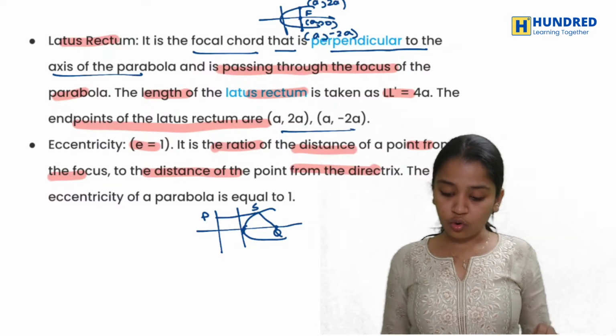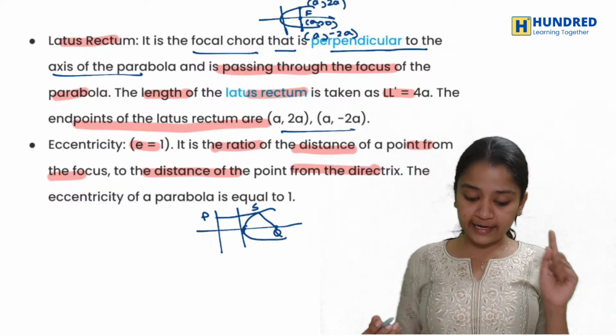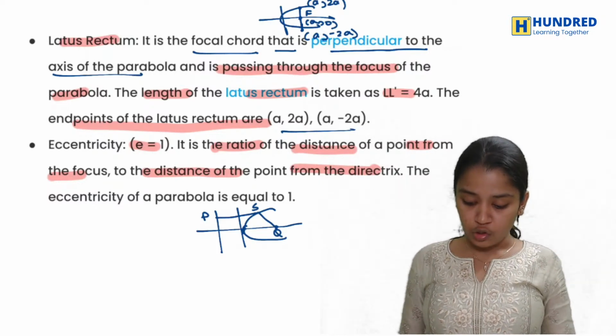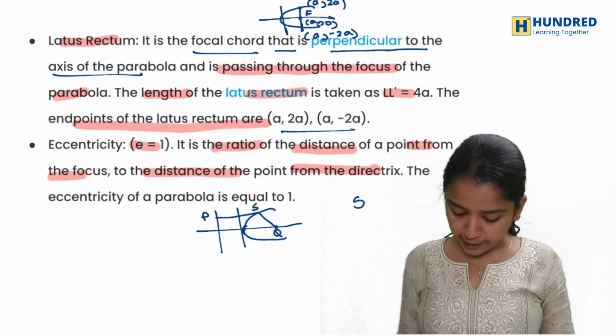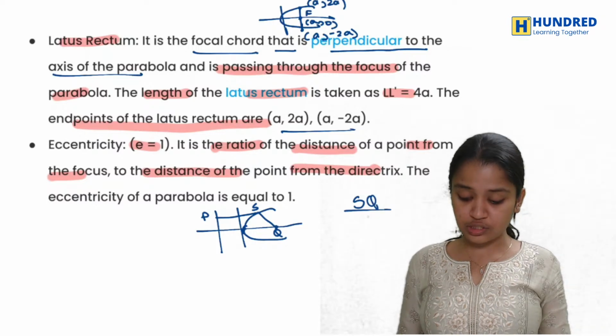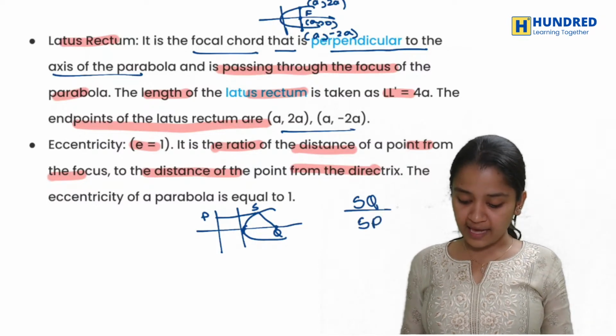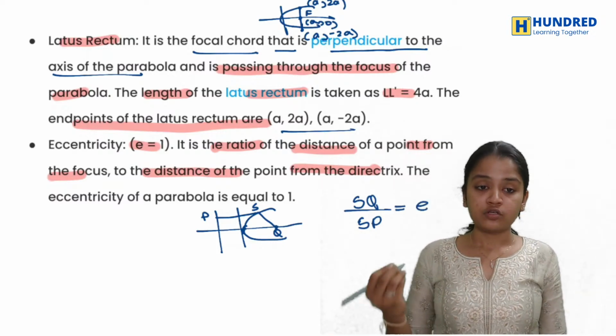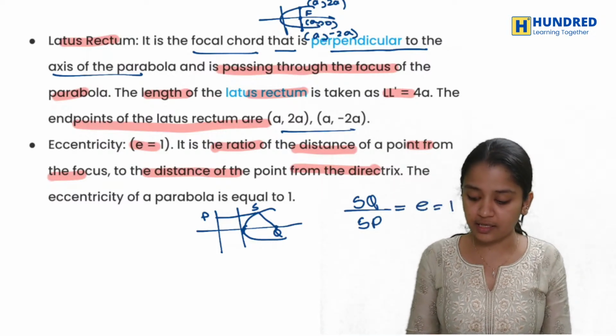So the distance of the point from the focus to the distance of the point from the directrix is equal to your eccentricity. So generally your eccentricity here will be 1.